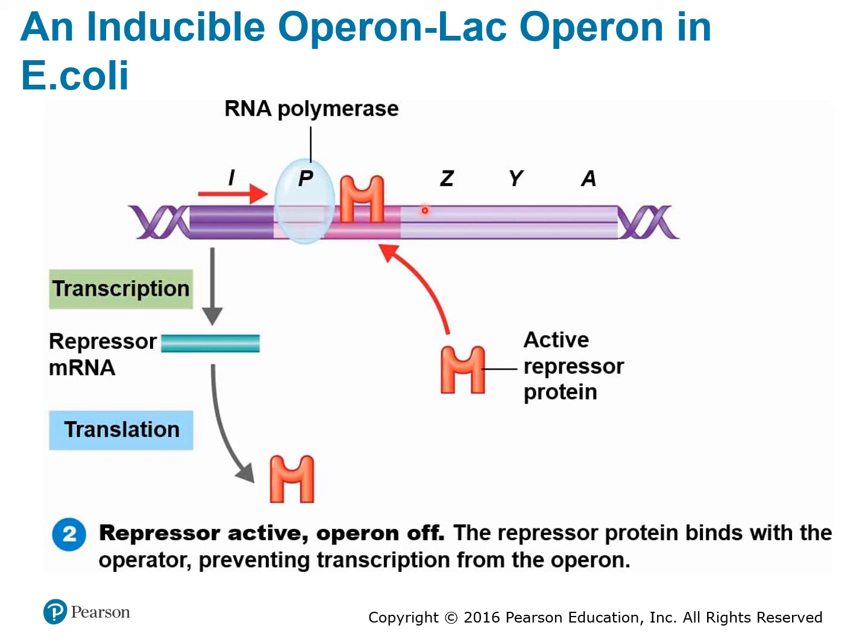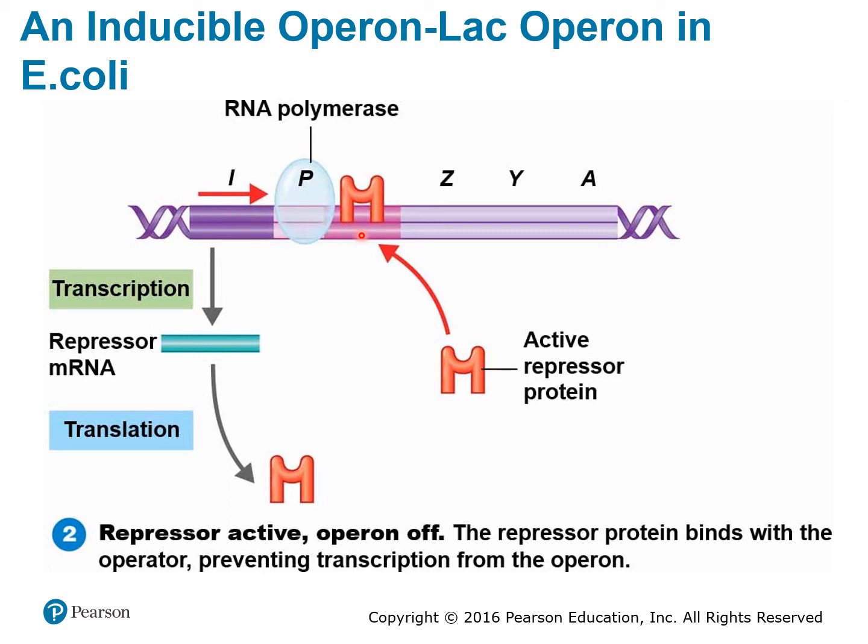But as you can see right here, they are actually turned off, and transcription of these genes and translation of those genes are inhibited by the repressor protein. The repressor protein usually binds to the operator sequence.